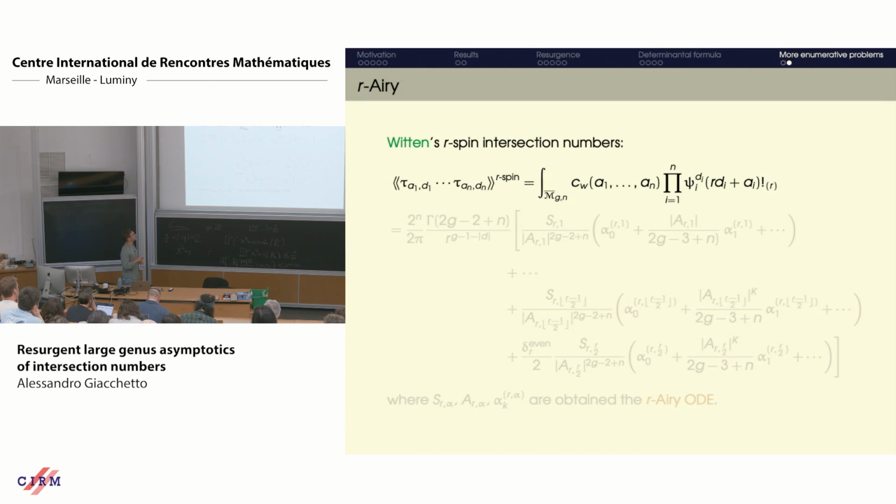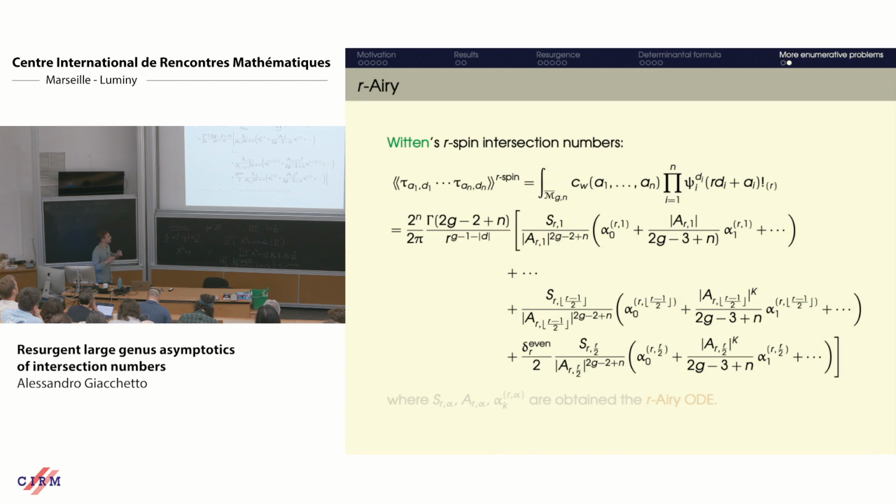This is called the Witten R-spin class. And I want to normalize this with these R factorials. And when you apply exactly the same strategy to these numbers, you get something much more complicated because essentially the ODE that is underlying this problem is of higher order. But nonetheless, the same strategy applies.